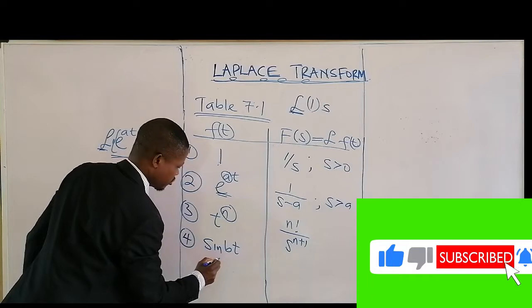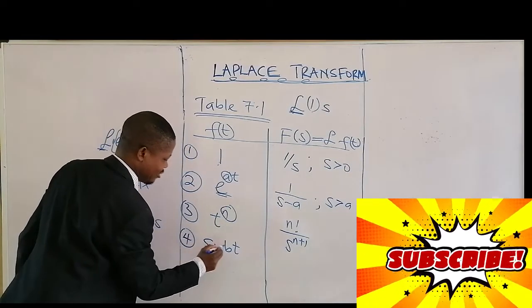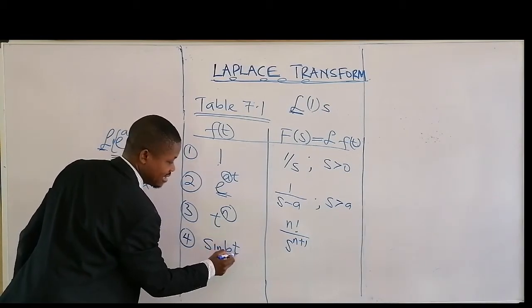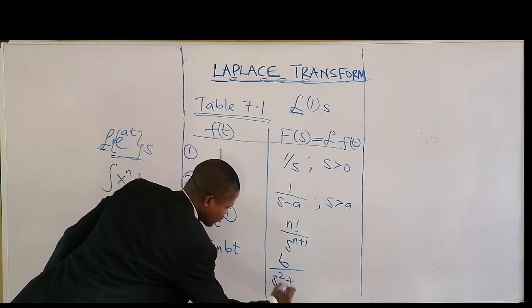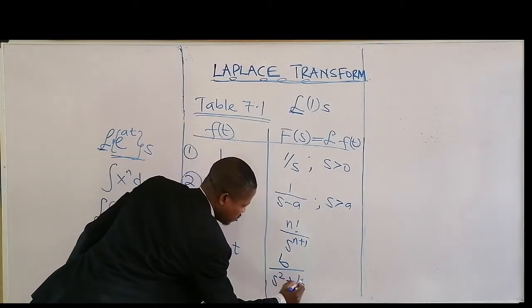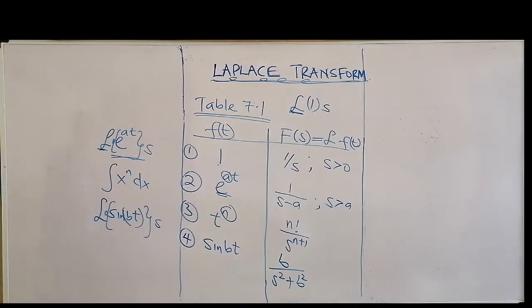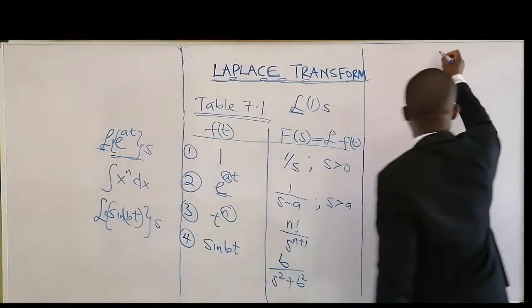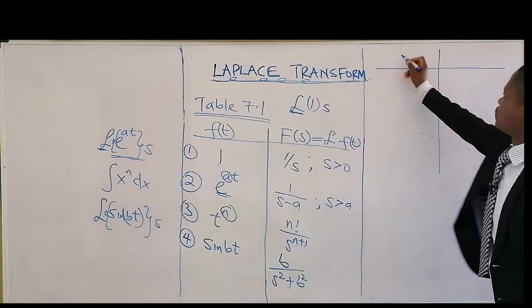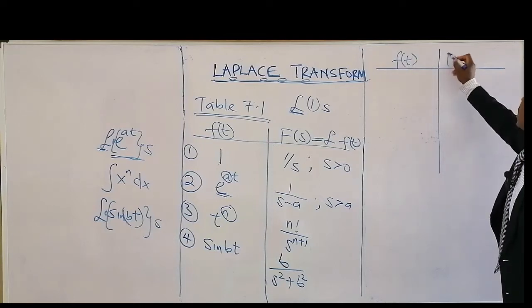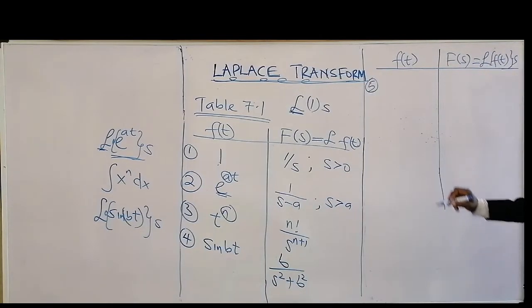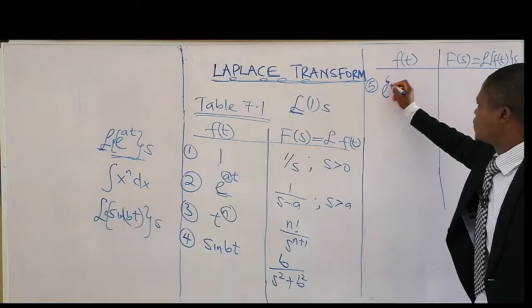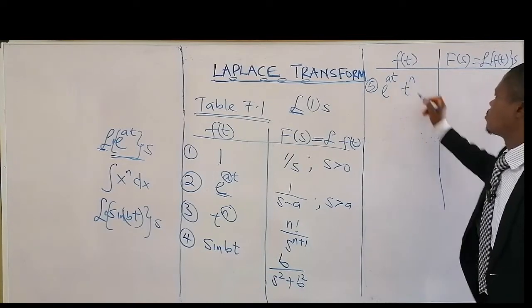The Laplace of this will be equal to, when you have sine, the attachment to your t, that's b, over s squared plus b squared. f of t is my function, the Laplace of the function, which is the same thing as L of f of t.